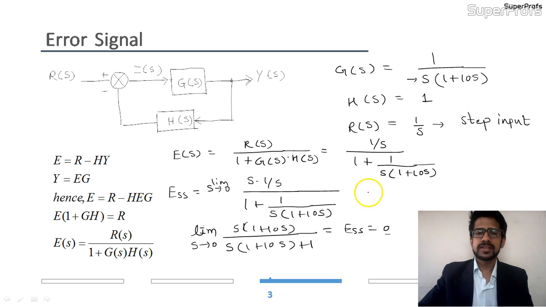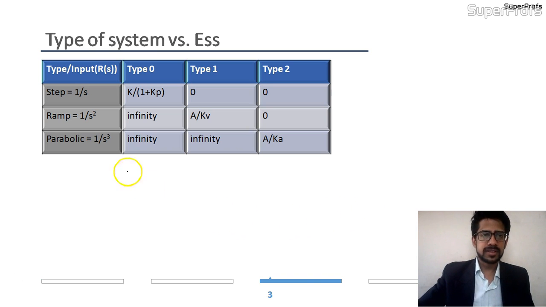This is just an example, and we will be seeing a particular steady state error versus type of system table in the next slide. So this is the type of system versus ESS, or the steady state error table, in which on the left hand side first column you see different inputs named as step input, ramp input, parabolic input, and then you have types of systems in the first row, which is type 0, type 1 and type 2.